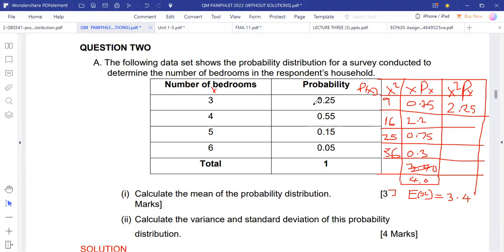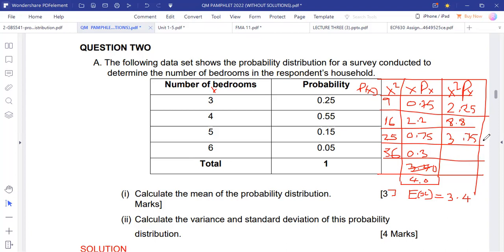All right, then let's go here. We'll be multiplying 0.25 times 9. What do we get? 2.25. 0.55 times 16. What do we get? 8.8. 0.15 times 25. What do we get? 3.75. 0.05 times 36.